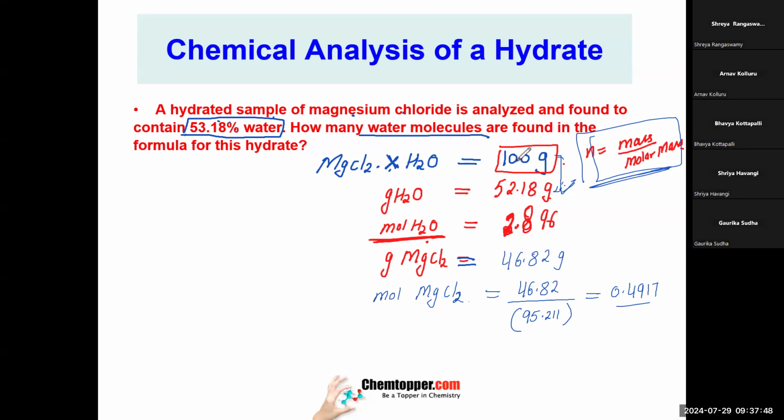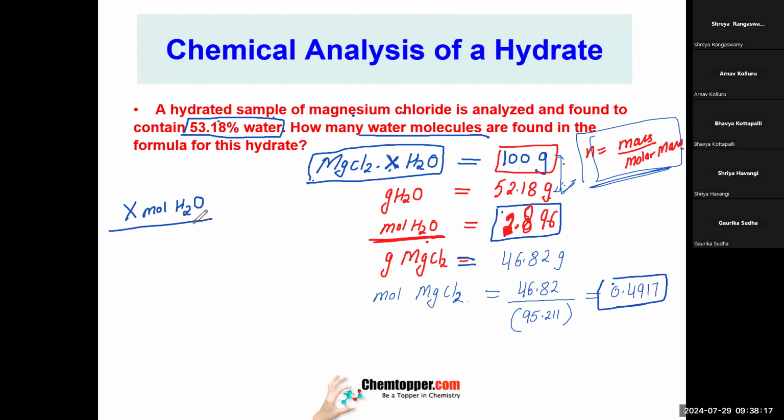Now, in 100 grams of sample, I know the moles of water. I know the moles of MgCl2. Now check here. In this formula, if I say that there are X moles of water, these X moles of water are present in 1 mole of MgCl2.